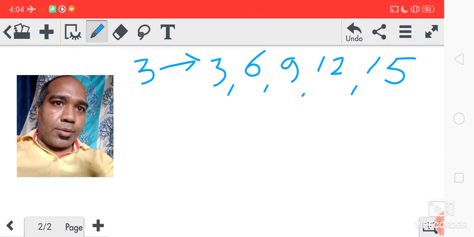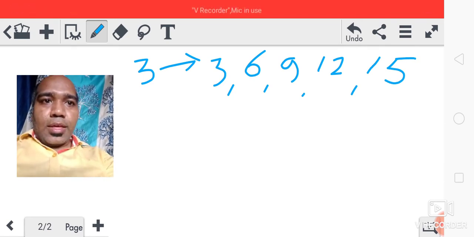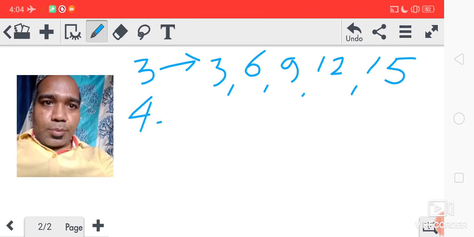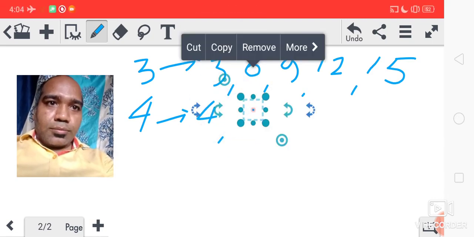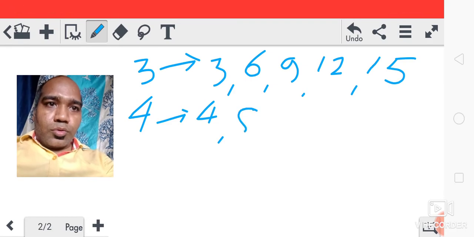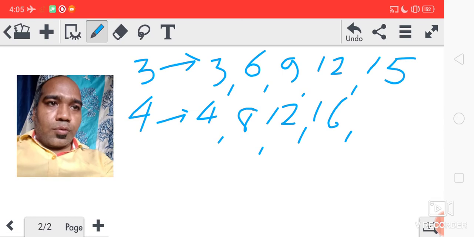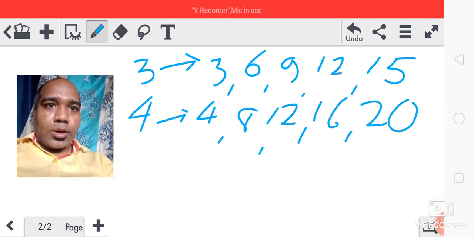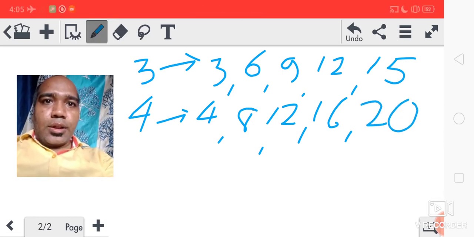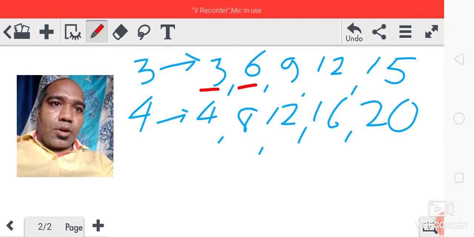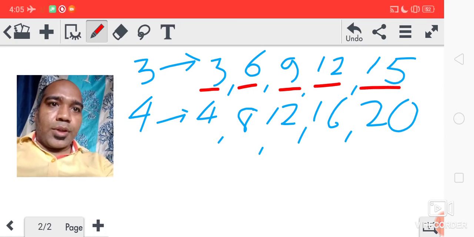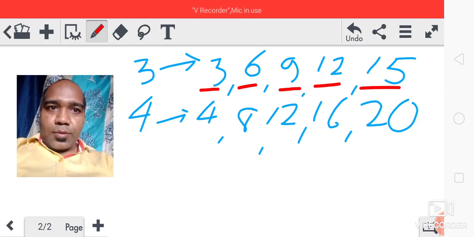So up to the first 5 table we will write. Then I'll ask you, write the first 5 multiples of 4. 4 1s are 4, 4 2s are 8, 4 3s are 12, 4 4s are 16, 4 5s are 20.